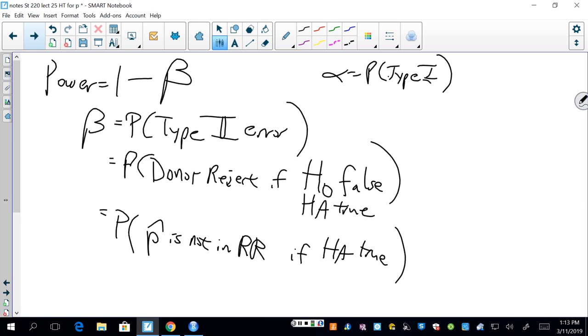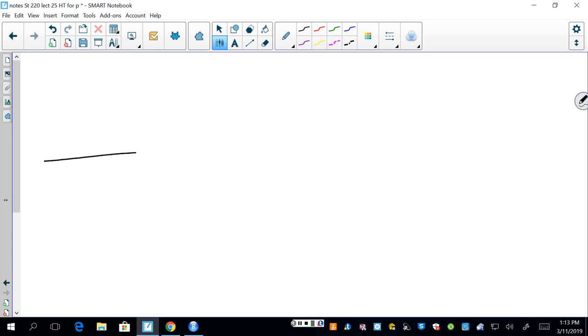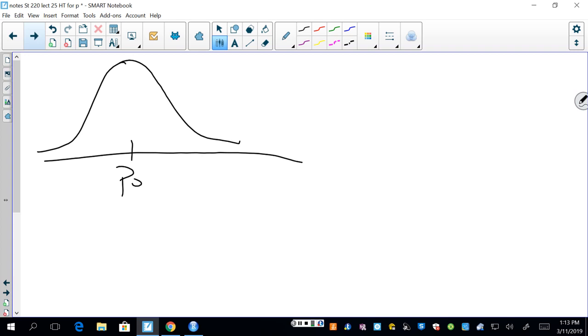Right? So one thing that this comes up in is in pictures. So let's say here's p0. This picture, your little tail down here, gives us the rejection regions.